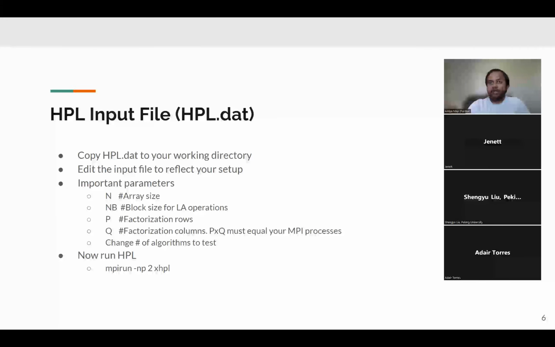Every MPI rank gets mapped to this P and Q factorization. To run HPL, you say mpirun or mpiexec or something like that, give it the number of MPI ranks, and point it to the HPL binary. It will read this hpl.dat file, read all the configurations, and run the program.